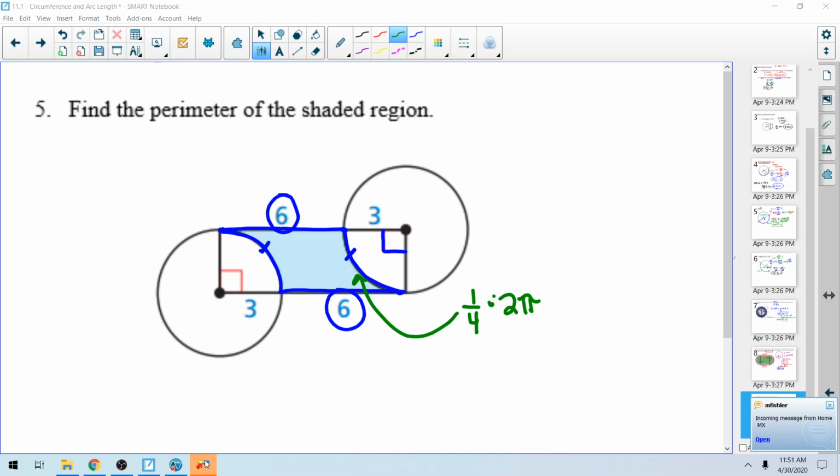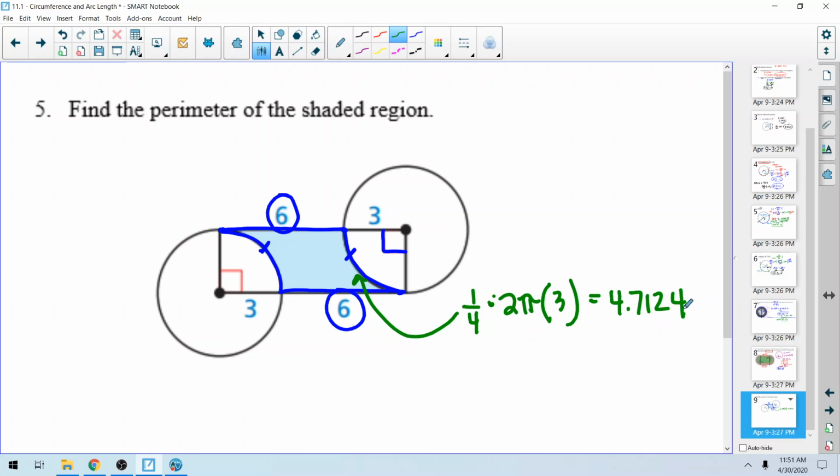So 2 pi r. If I grab my calculator, I'm going to do 1/4 times 2 pi times 3, which is 4.7123.